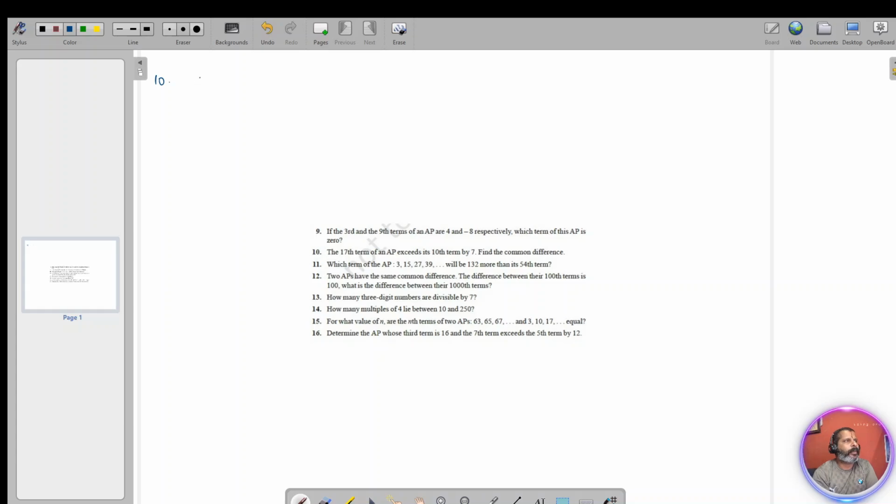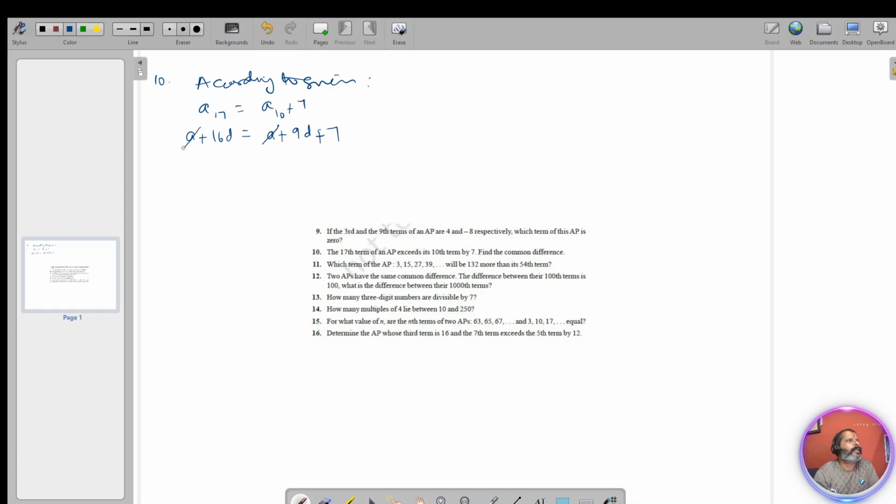So, according to the given, the 17th term, a17, exceeds its 10th term by 7, means a10 plus 7. a17 means a plus 16d equal to a10, which is a plus 9d, plus 7.